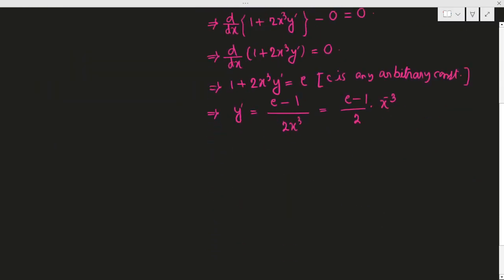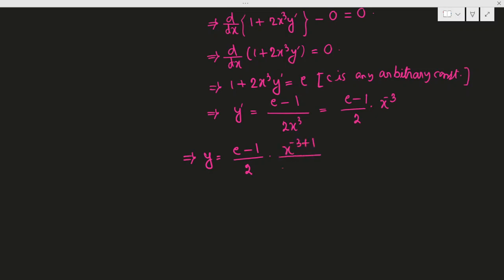Now see, if we integrate it from both sides, then what do we get? We get y is equal to, here this constant (c minus 1) by 2 into, integrating, we get x to the power minus 3 plus 1 by minus 3 plus 1 plus c1, where c and c1 both are arbitrary constants.